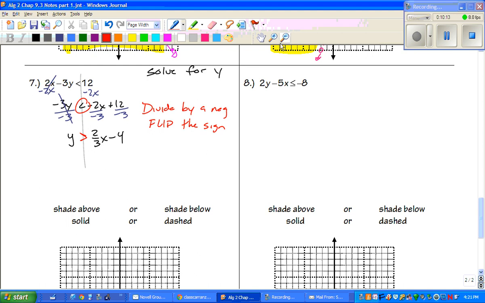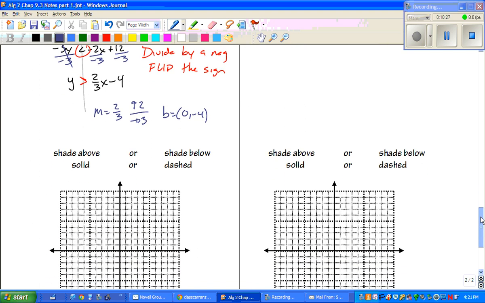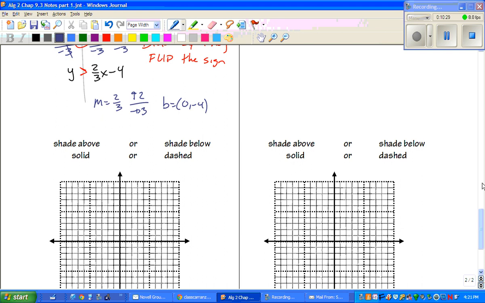Now that we've got that, we know that our slope is 2 over 3, which means we go up 2 to the right 3, and the y-intercept is 0, -4. Since it's a greater than symbol, we shade above and it's dashed.